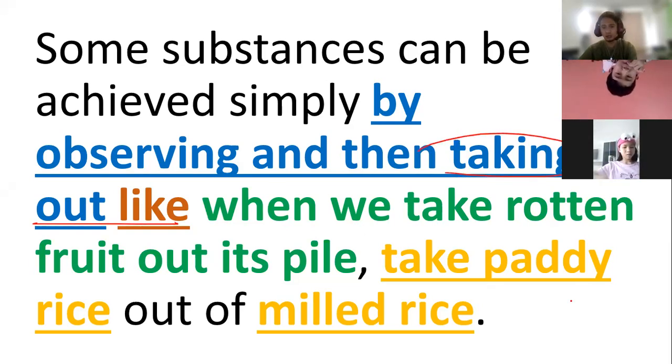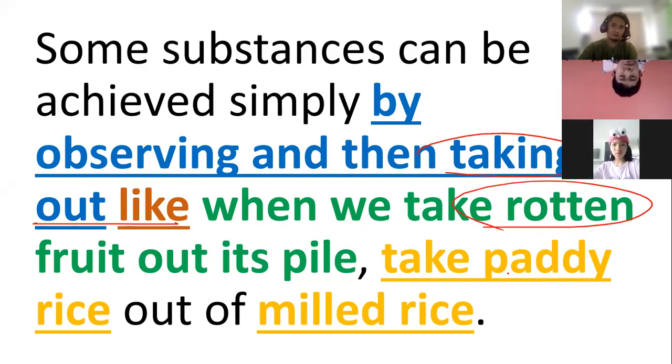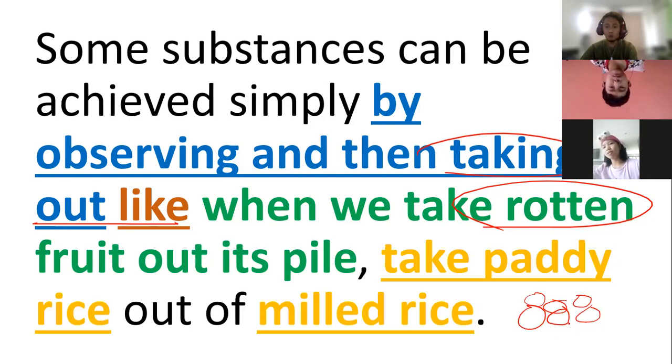For example, what is rotten? Not good already, no? For example, what is your favorite fruit? Mangoes. For example, you have many mangoes there. Let's say 10 mangoes, and then one is not good anymore. It's black already. There is a worm already. What are you going to do?